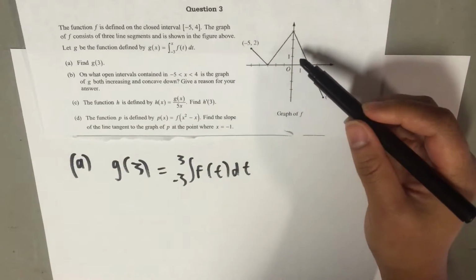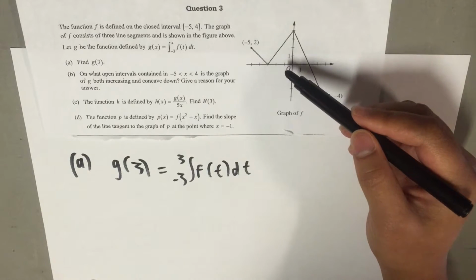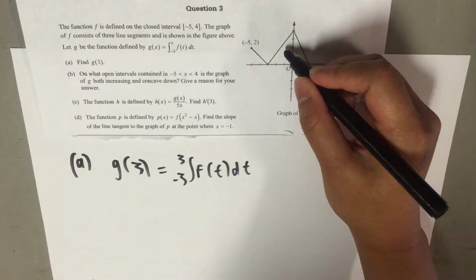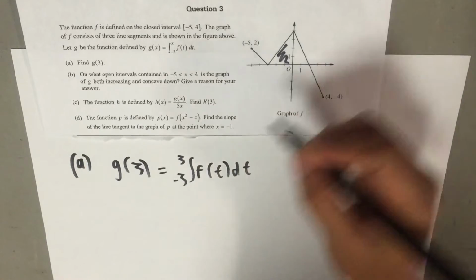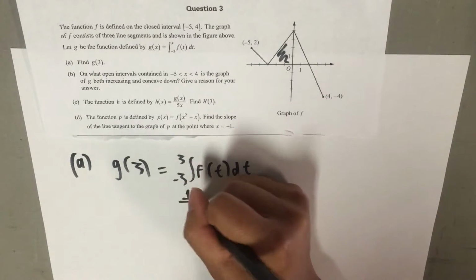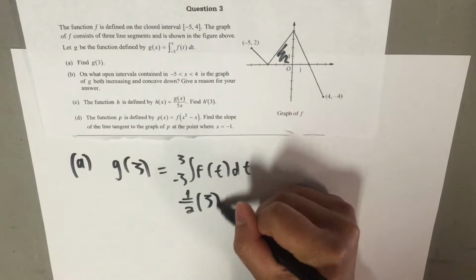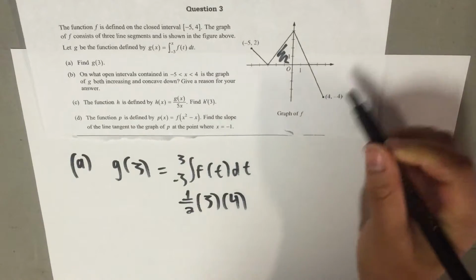So what we're really looking for is the area, and from negative 3 to 0, the area of this section would be 1/2 the base, which is 3, and then the height is 4, since it's a triangle.